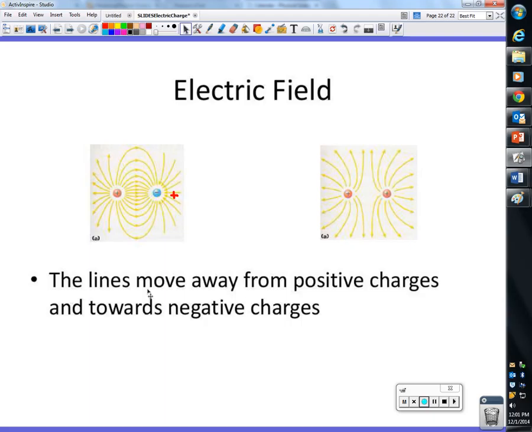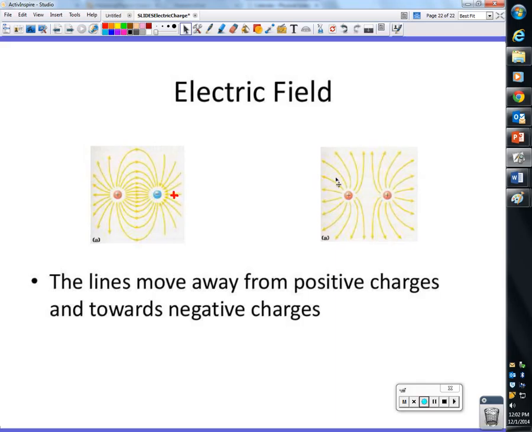Technically, there are an infinite number of yellow lines. We just can't show them. So even if it's in this space right here, it would still be repelled. There are other yellow lines there. We just can't show them. Notice, Kate, as they get closer to the positive charge, those lines get closer together because technically there's a stronger repulsion there.